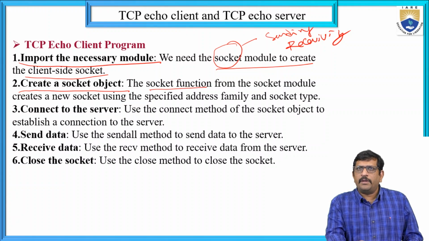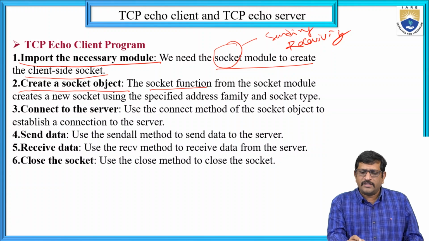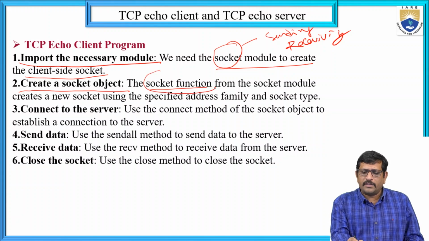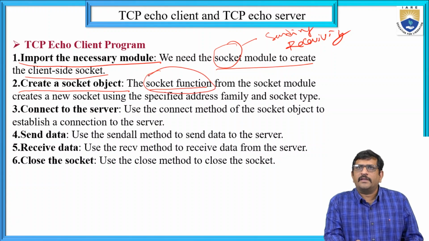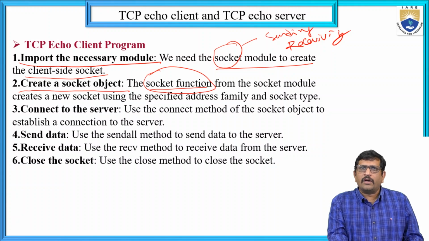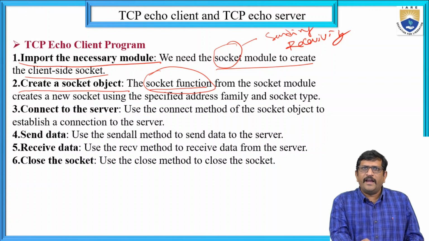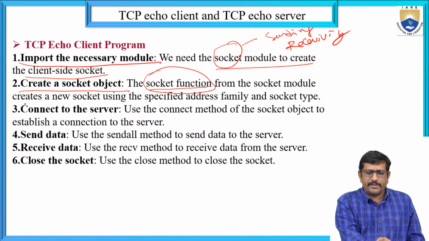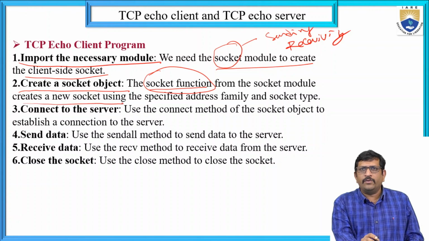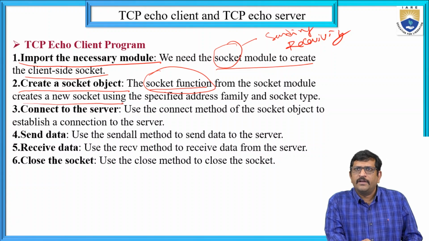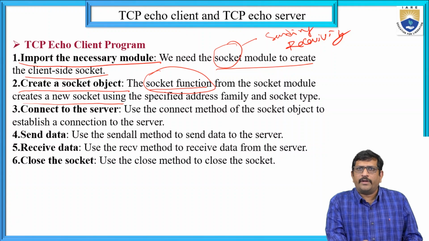In this implementation we create one socket object with the help of the socket module's functions. From the socket module we create a new socket at the client side. That socket is an echo socket.